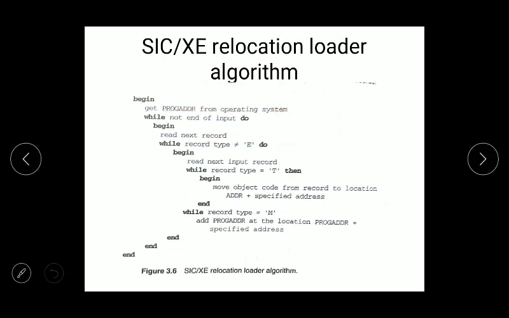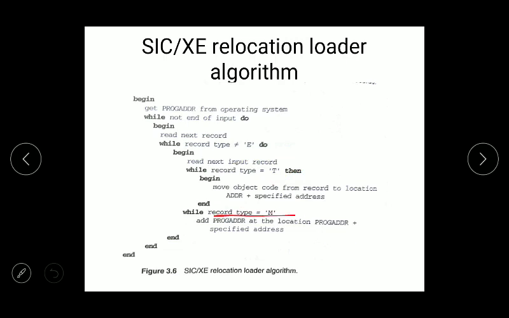What to do? Read the next input record. If the record type is T, then move the object code from the record to the location ADDR plus the specified address. That is, the address specified by the program plus the program address given by the operating system.